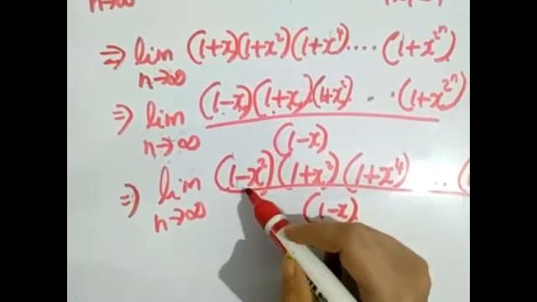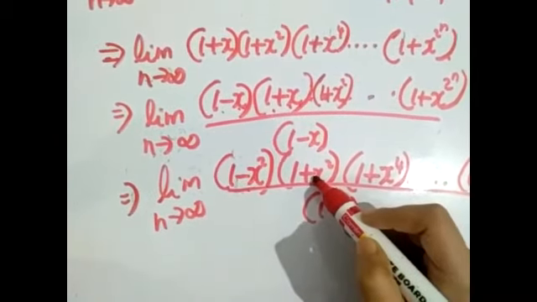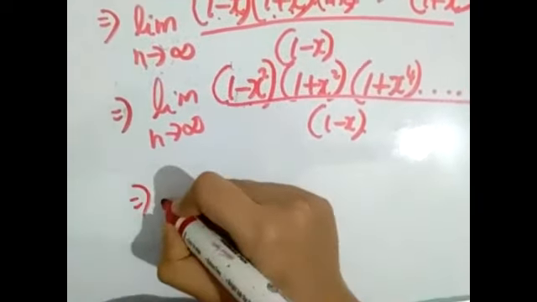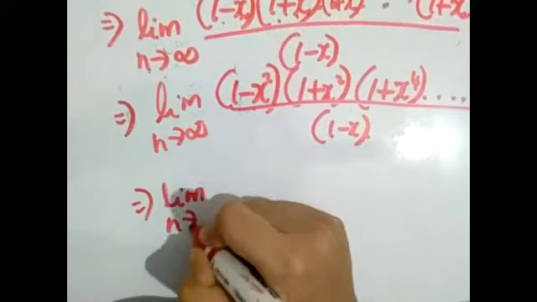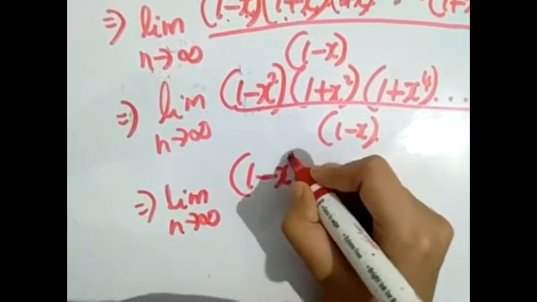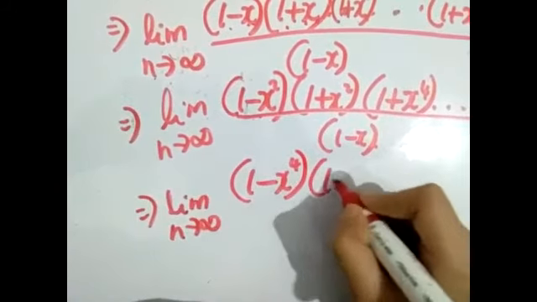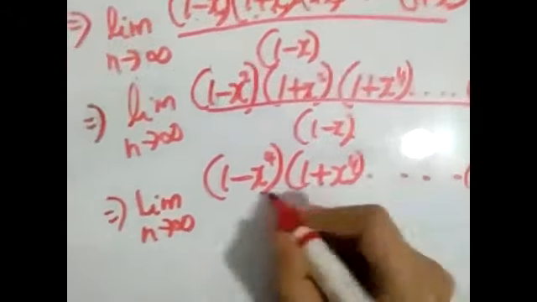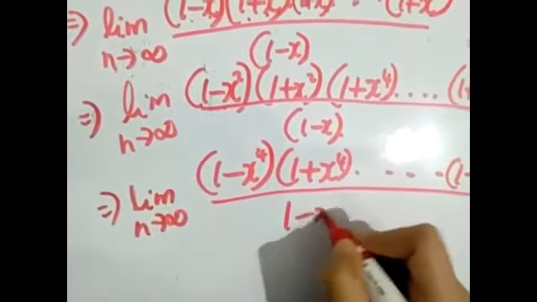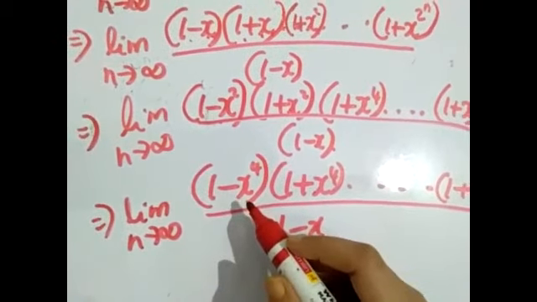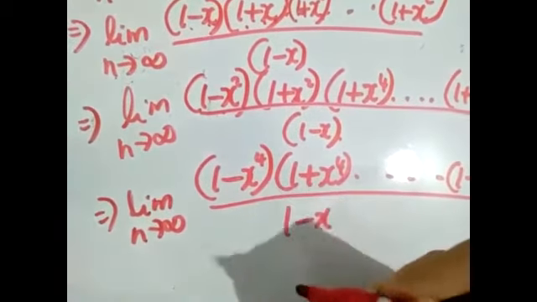So here 1 minus x square and 1 plus x square, I'll get 1 minus x raised to 4. So next step I'll have limit n tends to infinity of 1 minus x raised to 4 times 1 plus x raised to 4. I hope you can see the pattern and where we might end up. So here I'll get 1 minus x raised to 8.